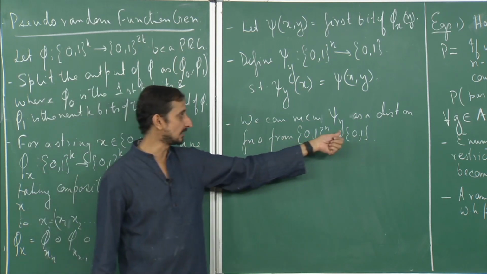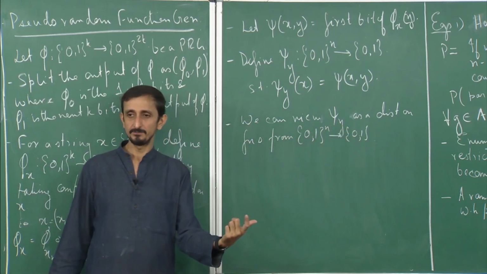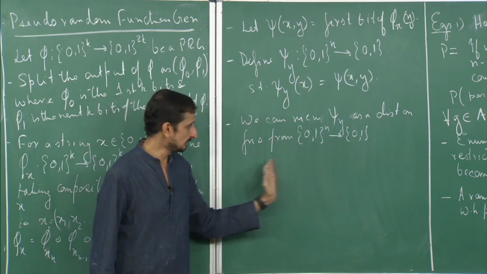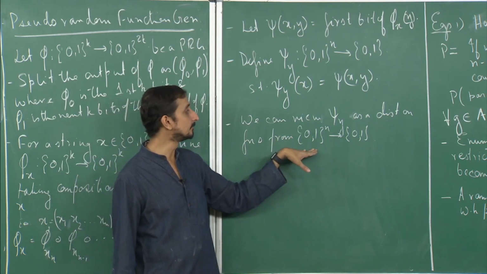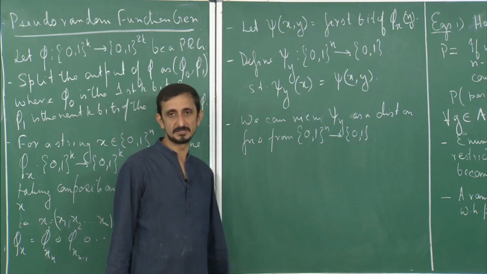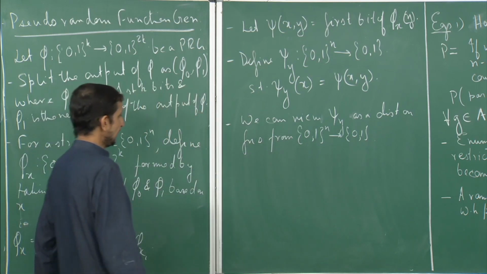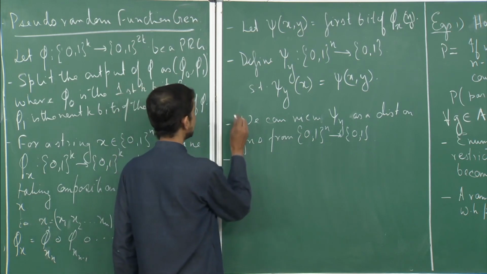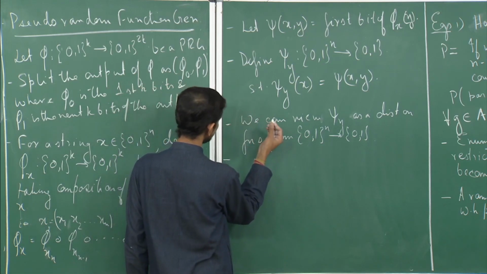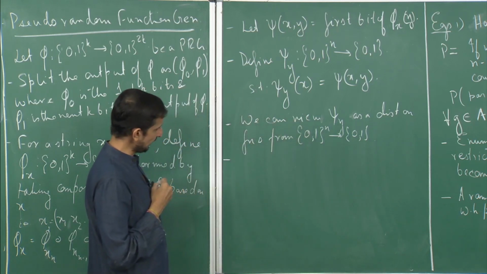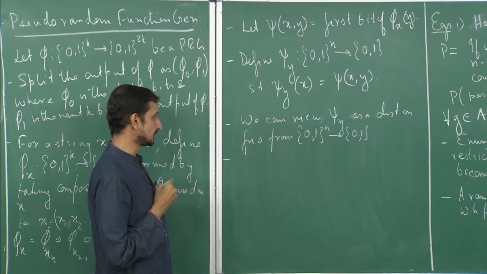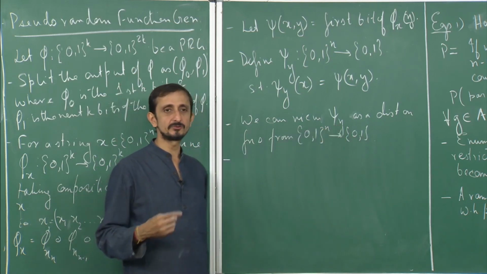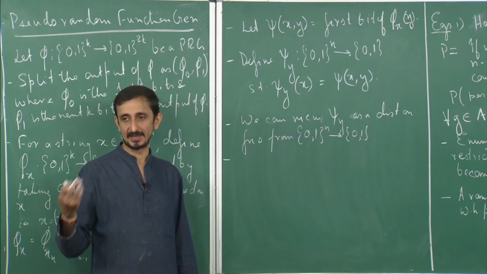Okay, so suppose I randomly pick a string y in 0 1 to the power k, that will give me a function from 0 1 to the power n to 0 1. Okay. And the first property is that this is a distribution on functions. The second property is that any function in this distribution is actually efficiently computable from the phi's.